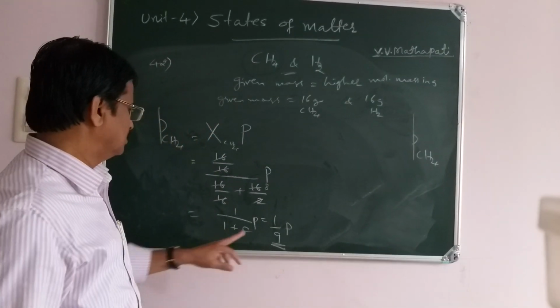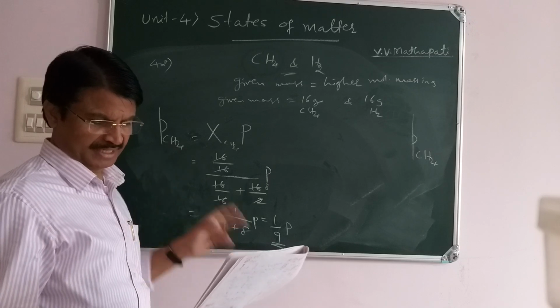So the answer is 1 by 9, the partial pressure of methane.